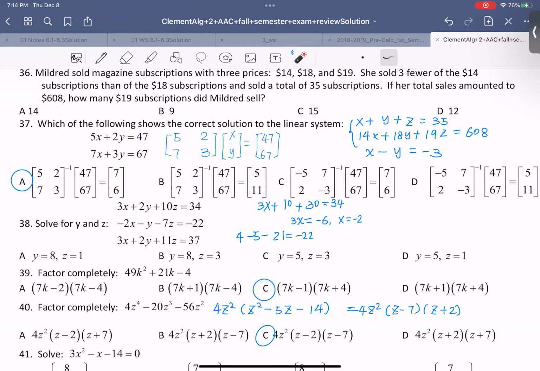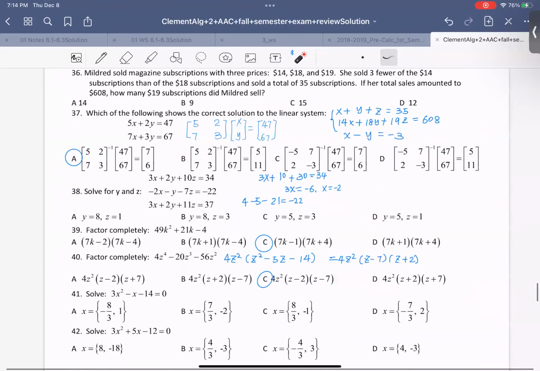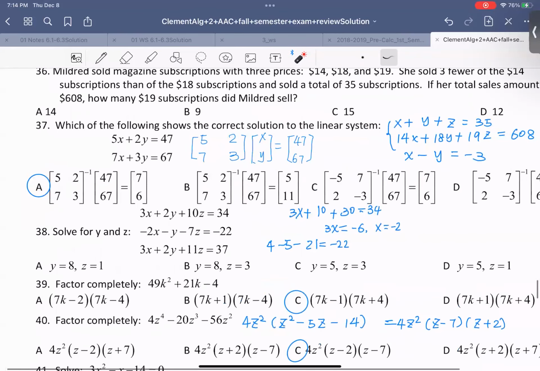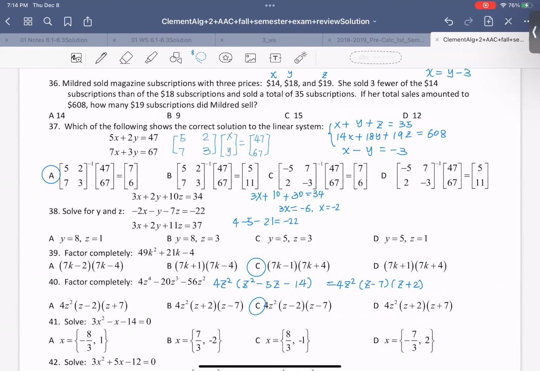Well, if we want to solve this by hand, we can solve this one. Let me remind you guys the Gaussian elimination method. How does the Gaussian elimination method work?